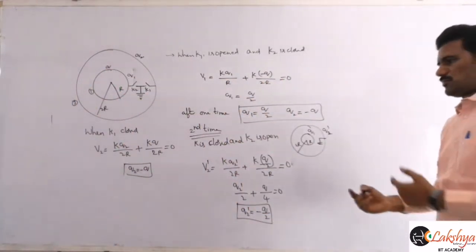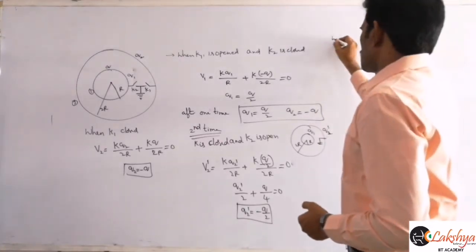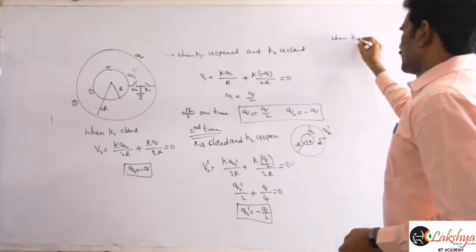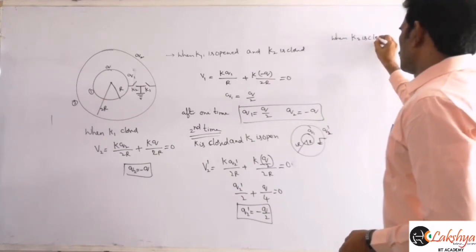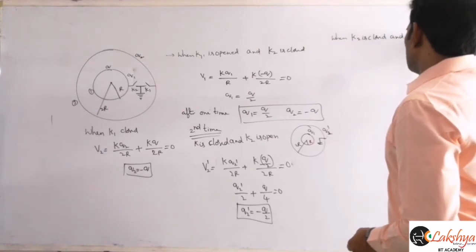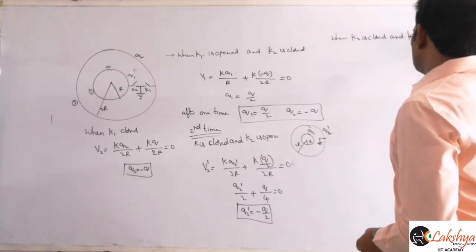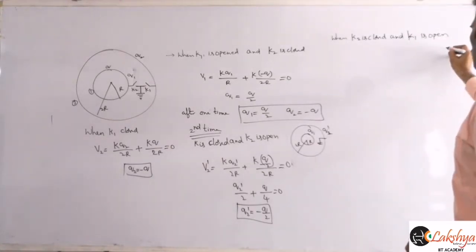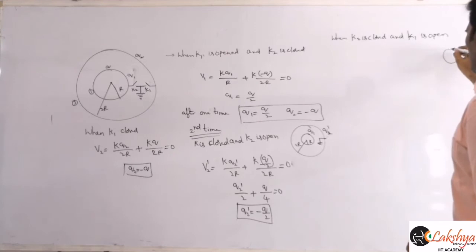Next we are repeating that, that means we are reversing it. Next, K2 is closed and K1 is open, right? I will draw the diagram so that you get clarity about which is grounded.